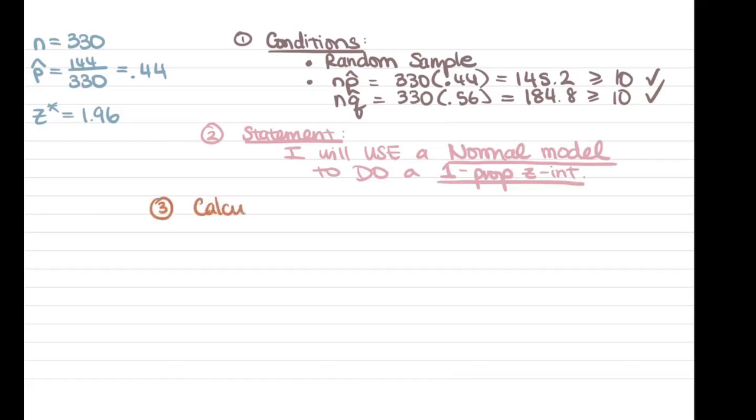Okay, let's go to step 3. We got to do some calculations. The formula, I'll go ahead and write down. This is p hat plus or minus z star square root of p hat q hat over n. Help me start plugging things in. Evan, what's p hat?